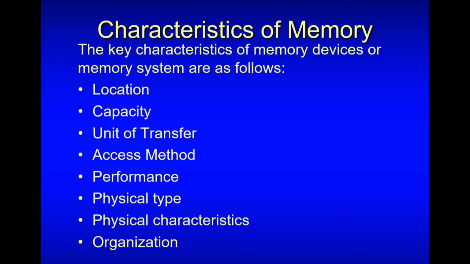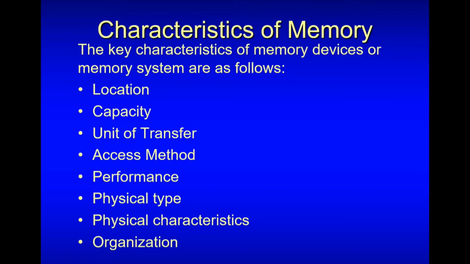The next characteristic is unit of transfer. It is the speed with which data is transferred from memory to the CPU, that is the microprocessor. Whenever a microprocessor requires data, it will first access the primary memory, that is RAM and ROM.